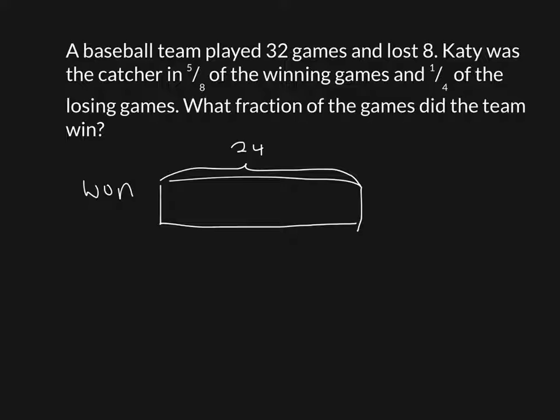And she played catcher in 5/8 of the winning games. So that means I'm going to divide my 24 up into 8 equal sections. And 24 divided by 8 is 3, so I'll have 3 games in each section.